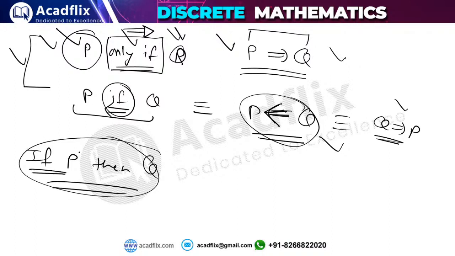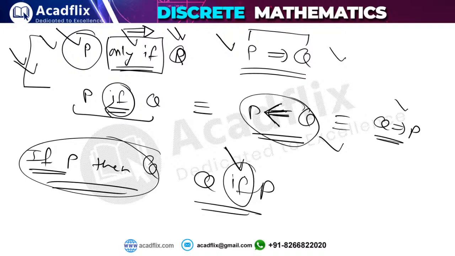Remember, this if is with P. Since this if is with P, I can convert like this, because I want to take this if in the middle, because this trick will work only when if, only if are in the middle. So now we can use our trick. Our trick says that if goes backward, only if goes forward.